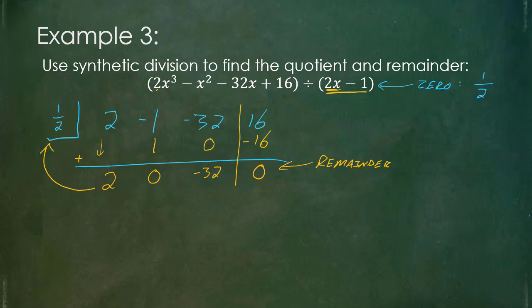So what I now do with these new coefficients is, because of the 2 that was in the denominator, I'm going to say I need to divide everything that I just got in front of this line I drew by 2. So that would make this 2 turn into a 1, 0 would remain 0, and negative 32 actually would turn into a negative 16.